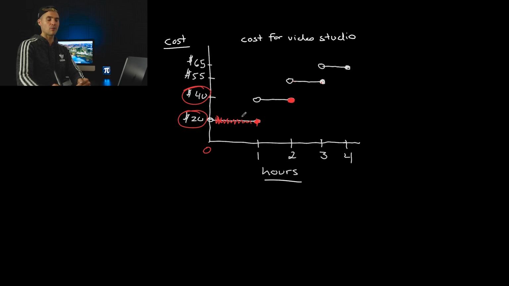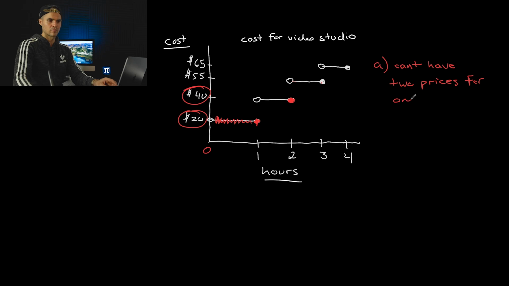Okay, so now why does this relation have to be a function? Well, the answer for part A is you can't have two prices for one time. There always has to be only one price for whatever time you rent it.